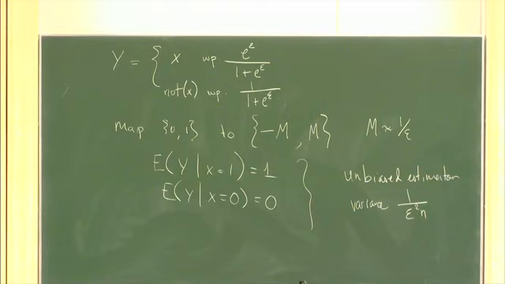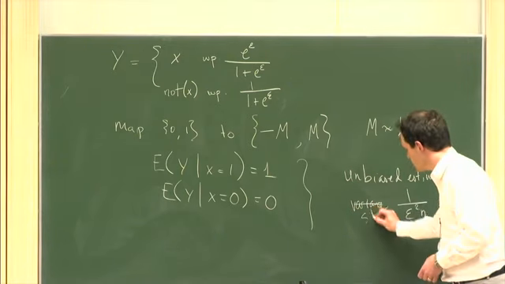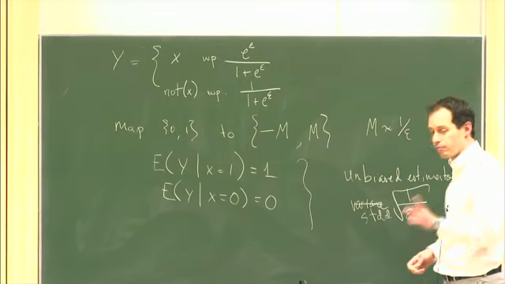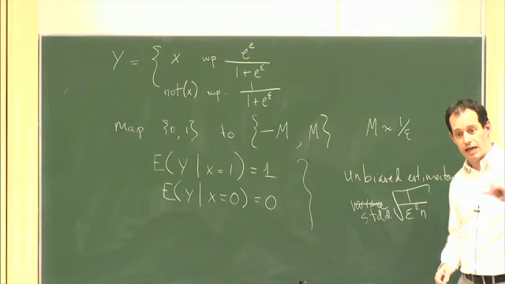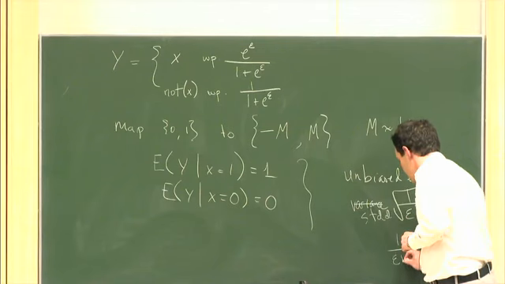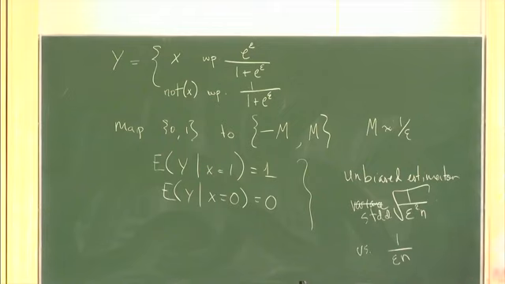Now, if you remember, the standard deviation is the square root of that. If you remember the noise addition method I had on the slides before, the standard deviation was about 1 over epsilon n.